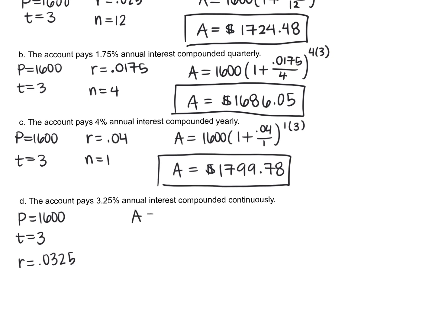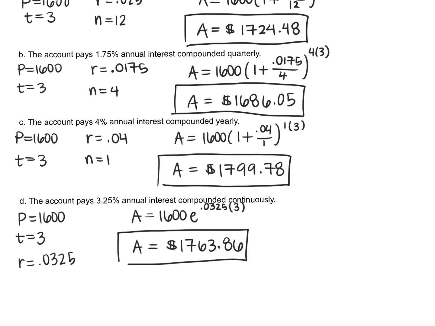So we're going to have A equals 1,600 e, and then our exponent 0.0325 times 3. e is a button on your calculator. If you have trouble finding it, please let me know. I'll show you where it is. So we're going to have A equals $1,763.86.